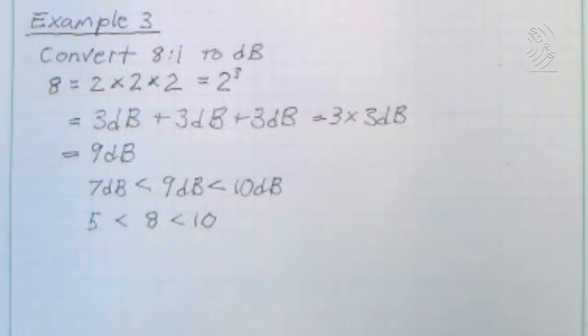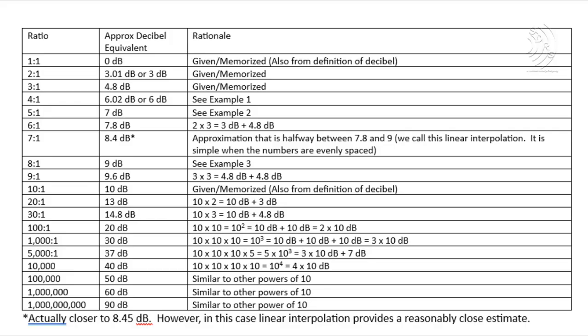Now we're going to use knowledge that we've used in these examples and the other items that we've memorized to build a table of decibel values for additional common ratios. Here is that table where we have the ratios 1 to 1 or 0 dB, and 2 to 1 or 3 dB, as well as 3 to 1 or 4.8 dB, and 10 to 1 or 10 dB from the original numbers that we memorized.